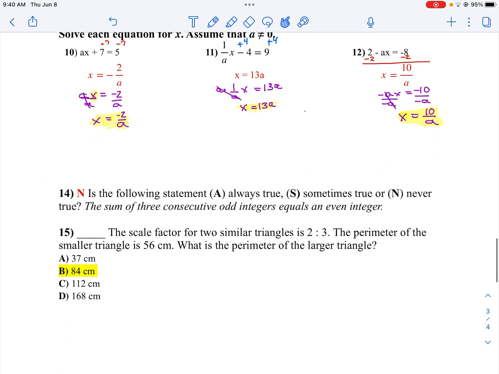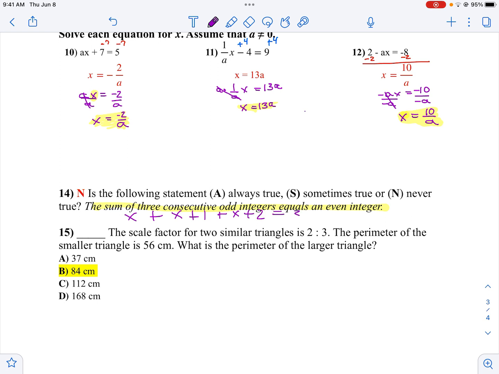On 14, it's an always, sometimes, or never problem. So I'm really looking at the sum of 3 consecutive odd integers is an even integer. Well, if I think here, x would be my first one, plus x plus 1 plus x plus 2.